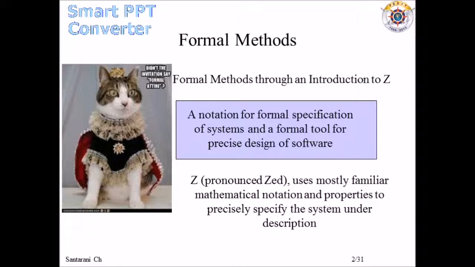Z uses a mostly familiar mathematical notation and properties to precisely specify the system and its description, and also includes standard set operators, set comprehensions, Cartesian products, and power sets as part of the set theory upon which the Z notation is based.